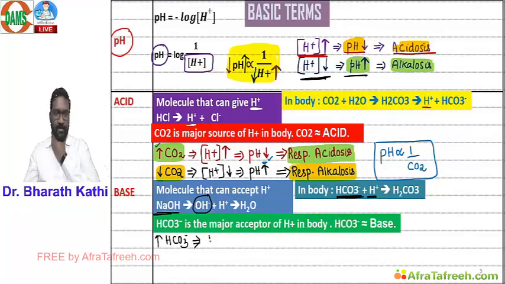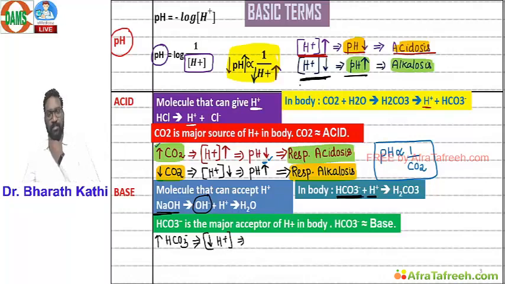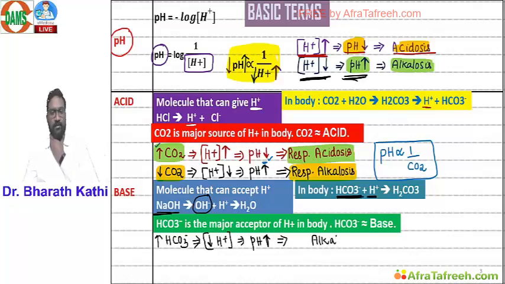So the free H plus in your body will reduce. Whenever free H plus is reducing, that will result in an increase in pH. Wherever pH increases, it is called alkalosis, and this is due to bicarbonate. That's why it is called metabolic alkalosis.